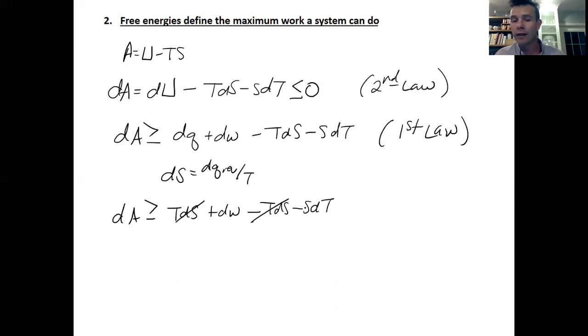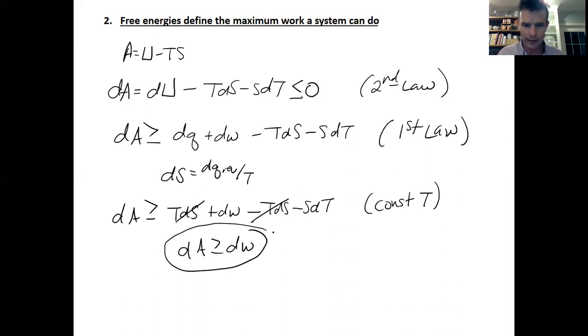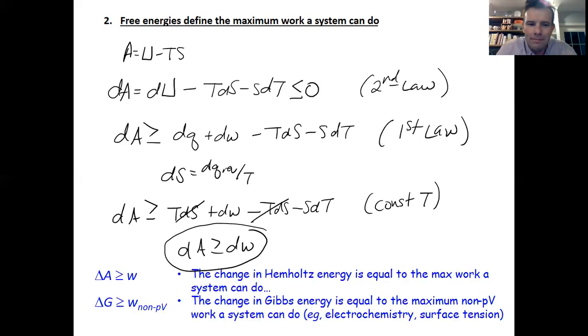I'd like to get rid of this term. So I place a condition on this, which is constant temperature. And if that's true, I get something which looks like this. dA is greater than dW. Well, I was really close, but I just overlapped a little bit.